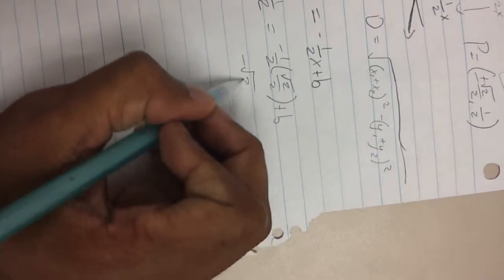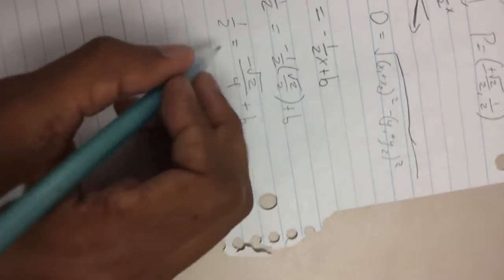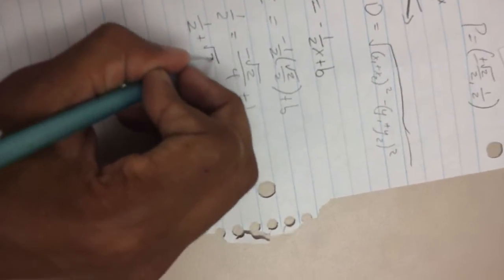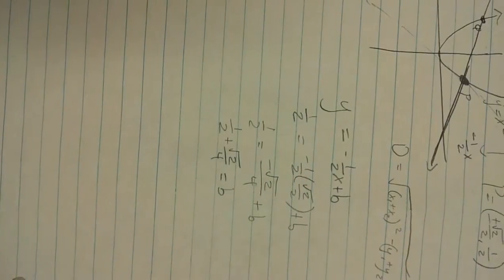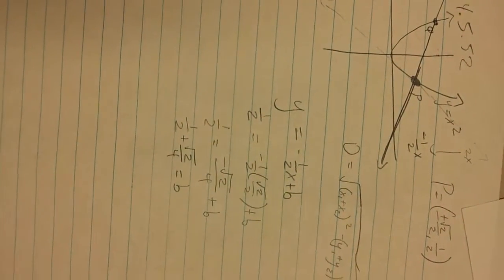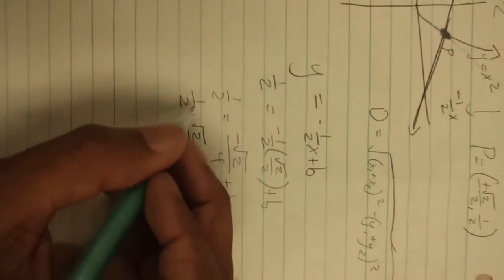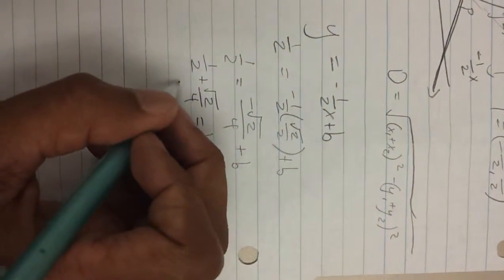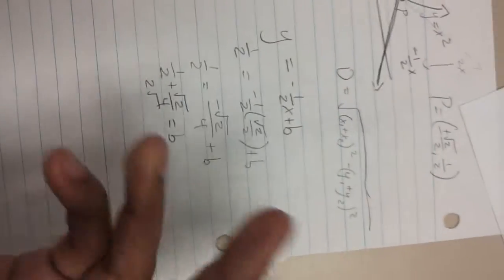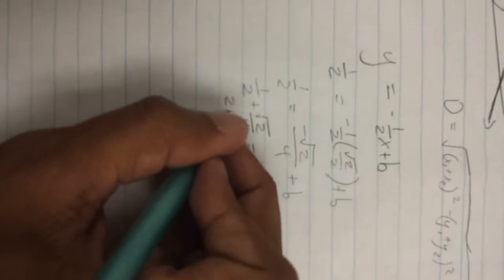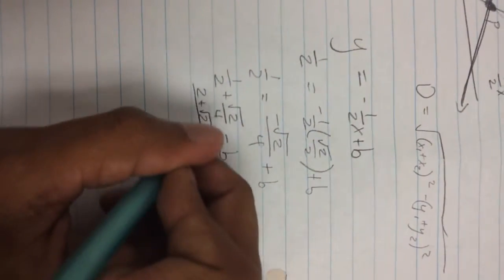Once I solved this, I multiplied this out. Negative square root of 2 over 4 plus b equals 1/2. I added this over and got 1/2 plus square root of 2 over 4 equals b. Then I found a common denominator and made this 2 plus 2 square root of 2 over 4 equals b.